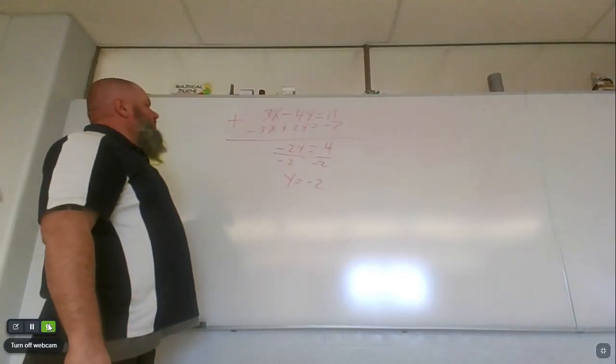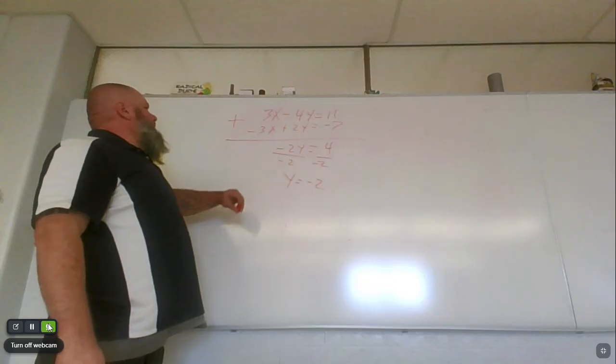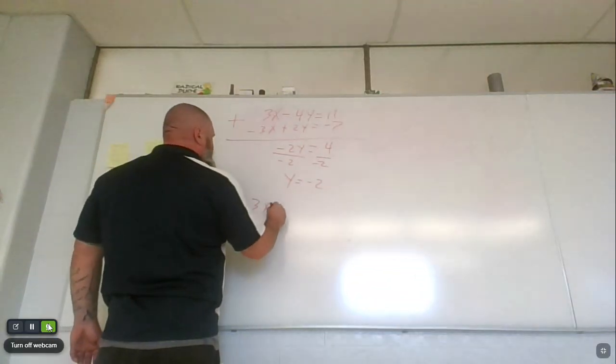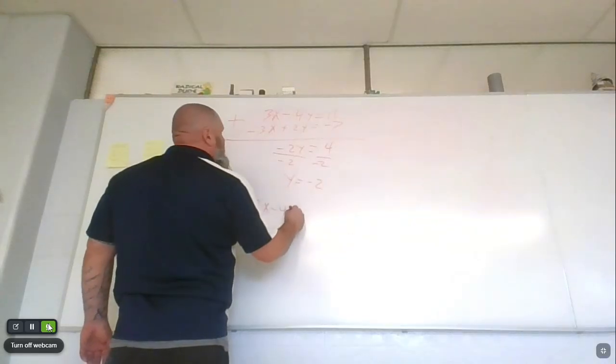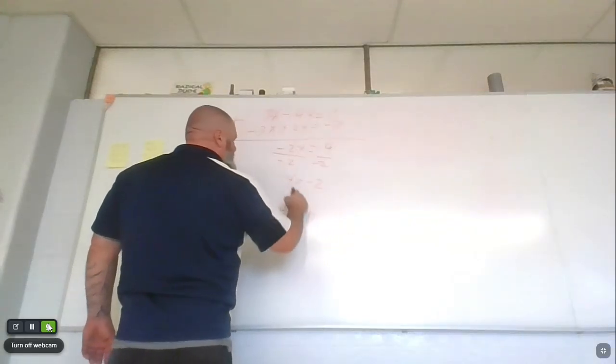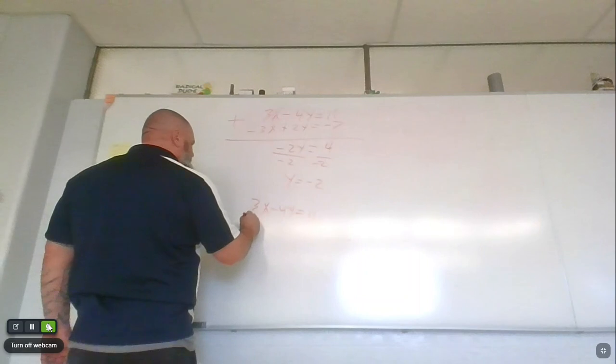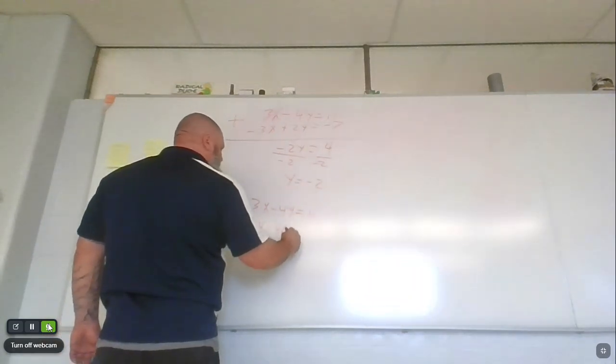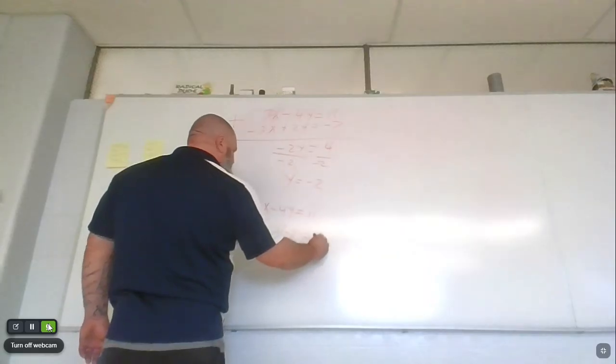Now that we have that, we can plug in and solve. I'll use the top one. Why not? You can use either one you want. We'll get the same result. Plug in negative 2 for y. 3x minus 4 times negative 2 equals 11.